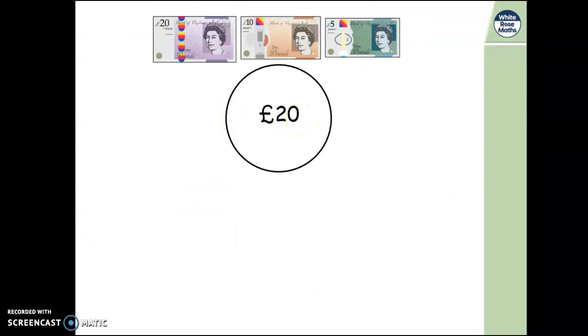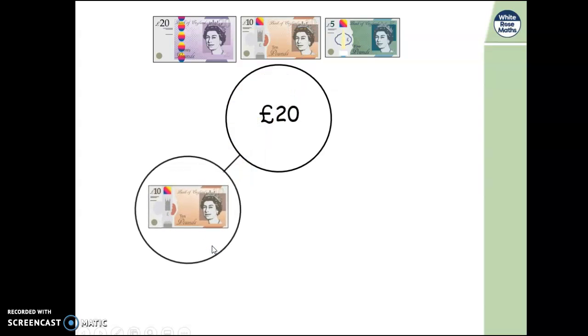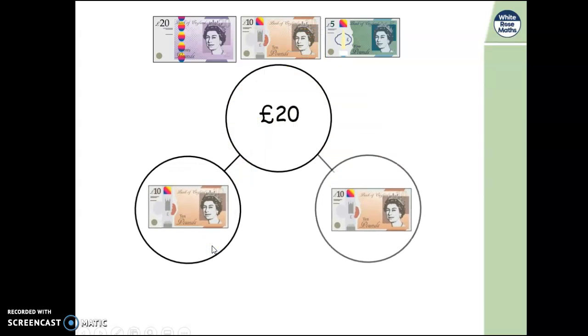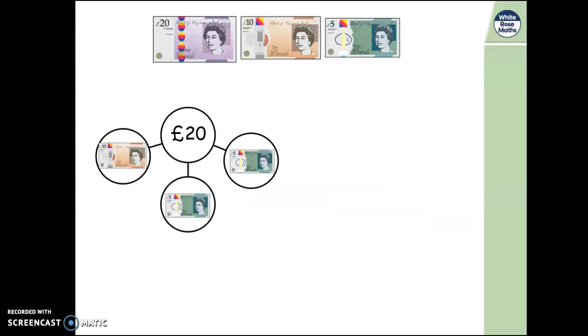Obviously, it doesn't always have to be with regards to coins. If we looked at notes, we've got £20 here. I'm not going to use the £20, am I? Because that would mean that I wouldn't have any parts left. So if I split it into 2, 10 add 10 equals 20. What about if I split it again?